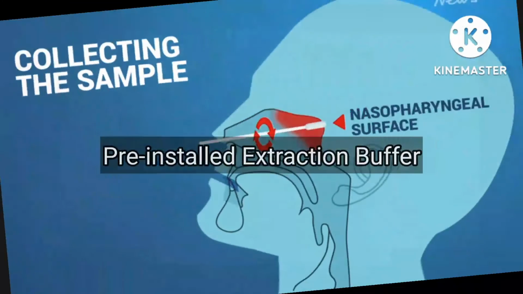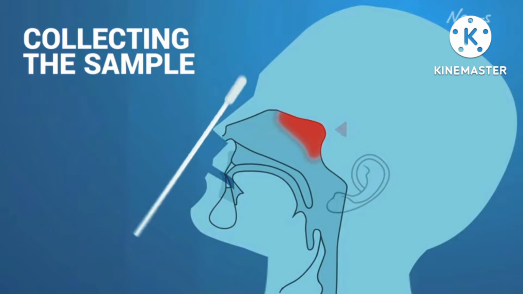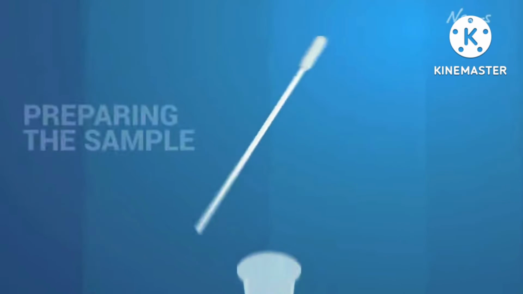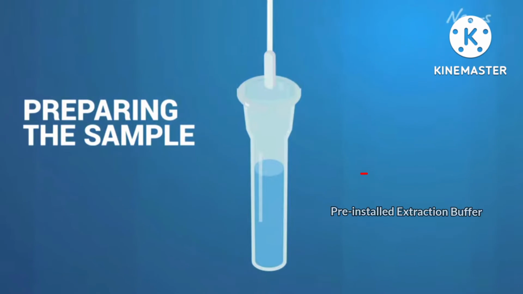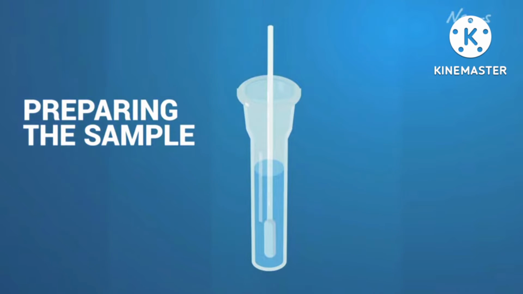The COVID-19 antigen test kits that we will be using in your activity class already have a pre-installed extraction buffer. So after specimen collection, you unscrew the lid of the extraction tube and then insert the swab which has collected secretions into the pre-installed extraction buffer.